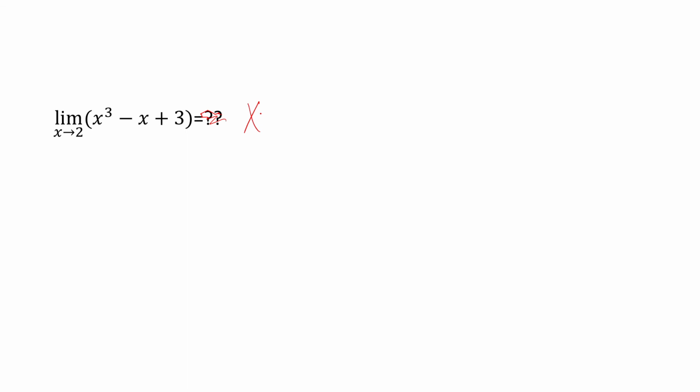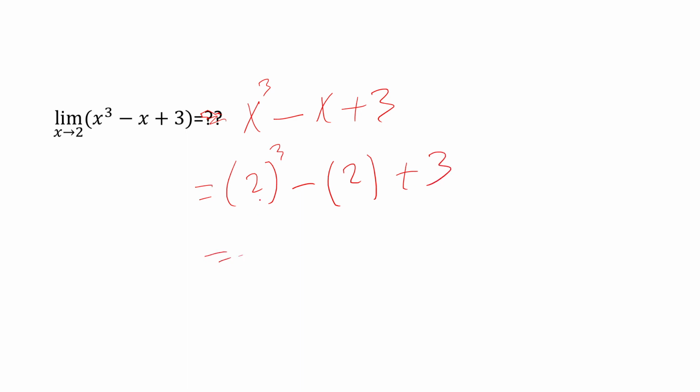So the same thing here, just write out the quantity, then replace x with the value of 2. 2 cubed is 8 minus 2 plus 3. So 8 minus 2 is 6 plus 3 is 9.